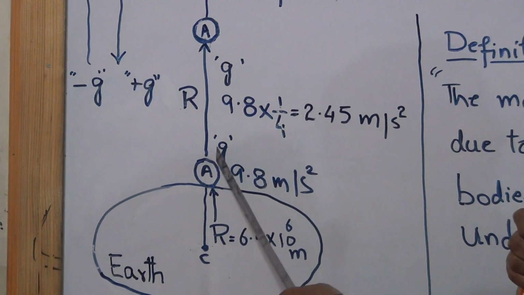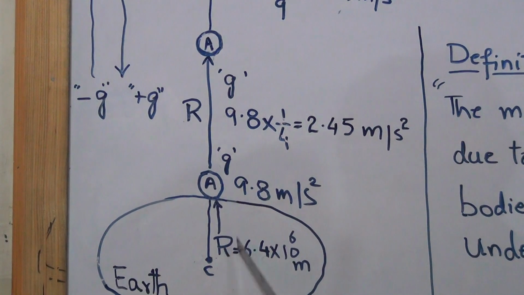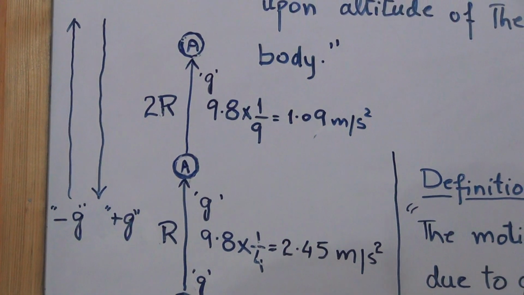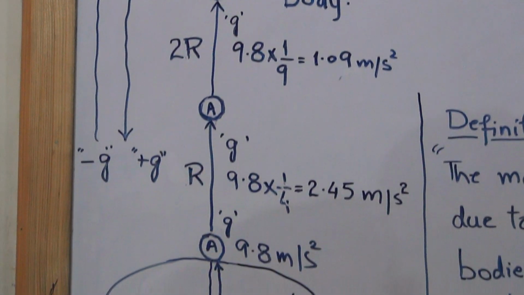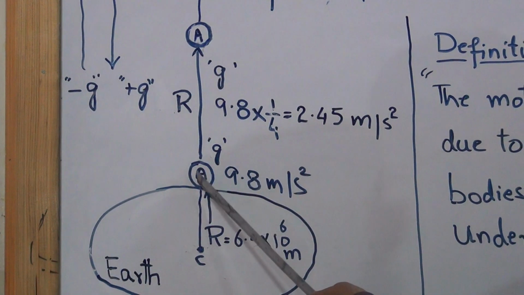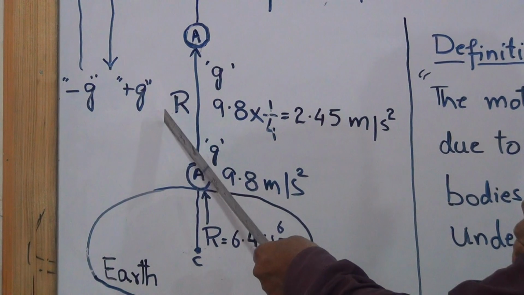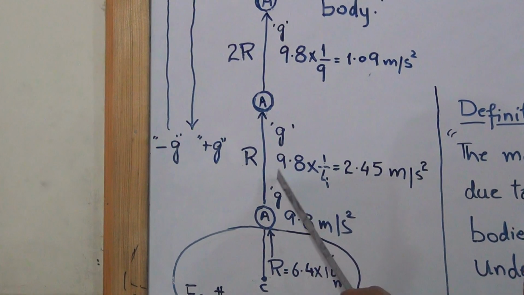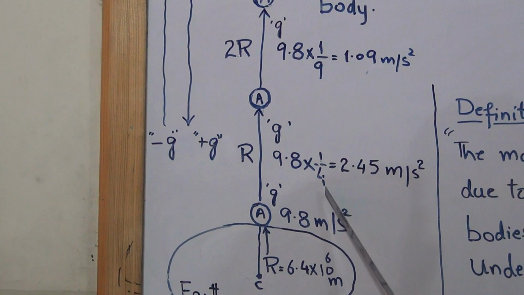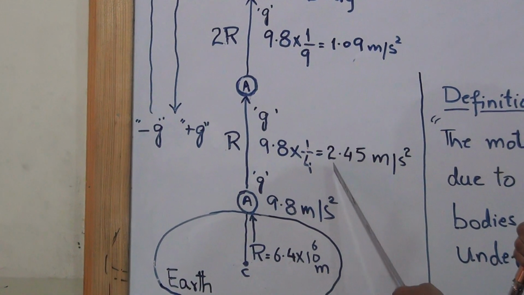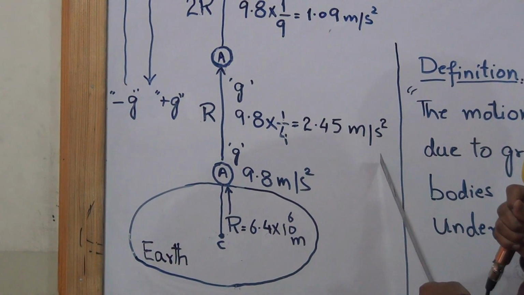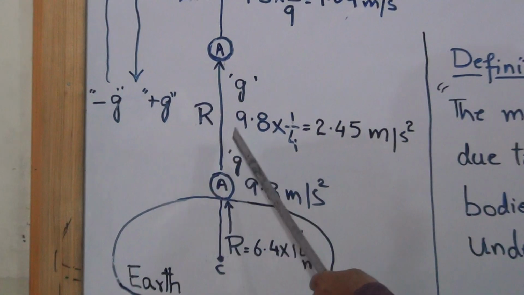When the body moves up equal to the radius of the earth, that is 6.4 multiplied by 10 power 6 meter, the value of g becomes 1/4, which is approximately 2.45 meter per second square.